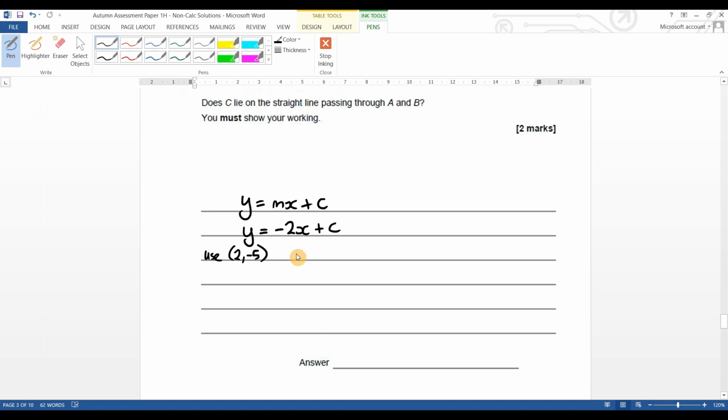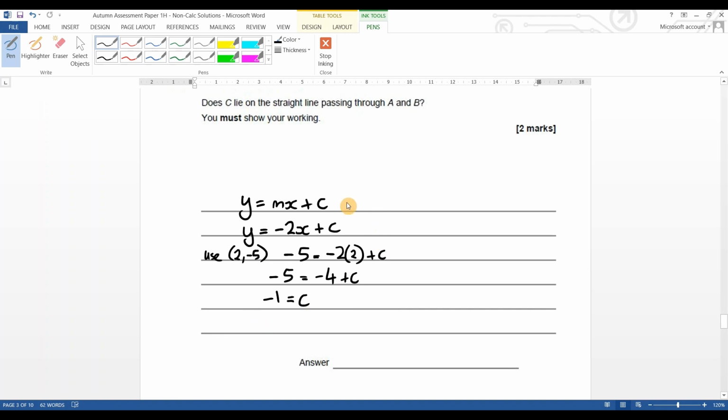I'm going to have to substitute these values in. So I've got minus 5 equals minus 2 times x, which is 2, and c, which is what we're trying to work out first. So that is minus 5 equals minus 4 plus c. Add 4 to both sides, you get minus 1 equal to c, so c is minus 1.